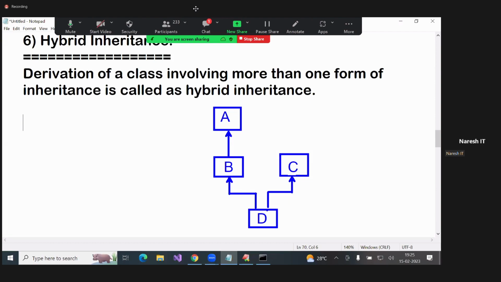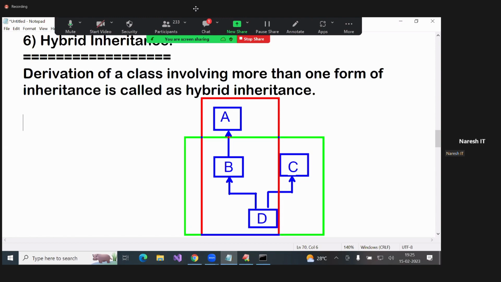See, if I write only these three, which type of inheritance? Multi-level. If I take only these three, multiple. Multi-level, multiple. Two forms combined, no? It is called hybrid.